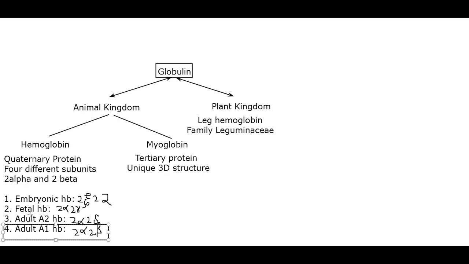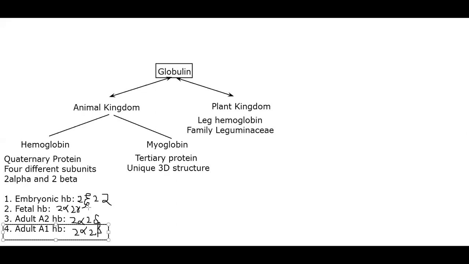Then there was 2 alpha, 2 gamma. You can remember it from ma. Ma means mother. Mother means that she is having a child, that is a fetus. Fetus is also a post-embryonic state. So the fetus has 2 alpha, 2 gamma proteins. Then there is the adult hemoglobin, which has 2 alpha and 2 beta.